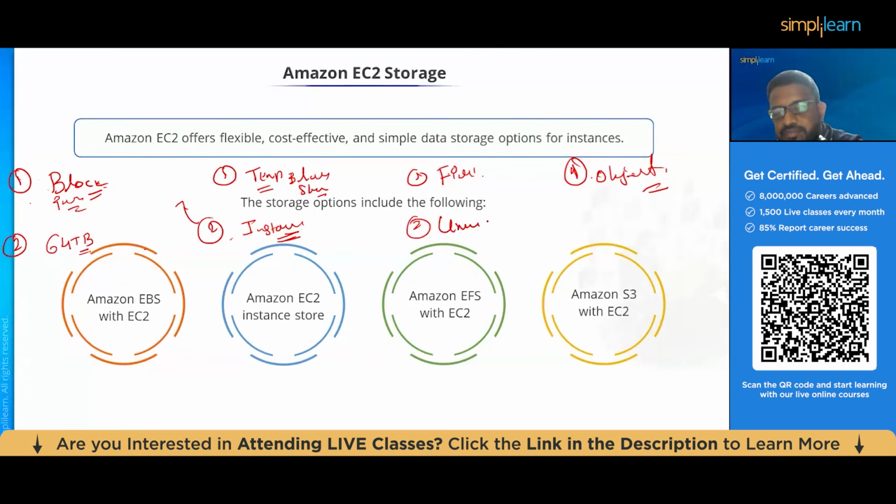It's unlimited, no restriction. What about S3? It's also unlimited, right? Instance store depends on the instance type, whether it is general purpose, compute optimized, or accelerated computing. Based on the configuration of the instance type, let us consider I have one EC2 instance with 4 virtual CPUs with an Intel processor; it provides storage depending on that.